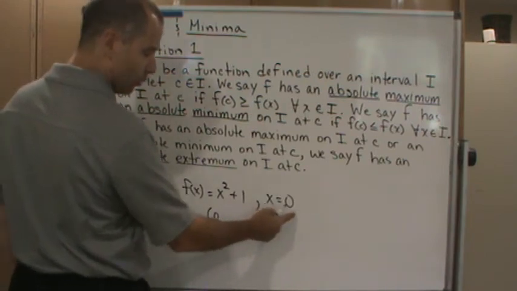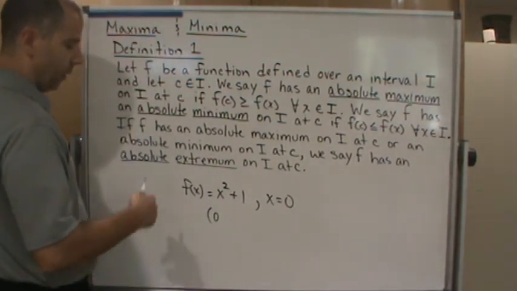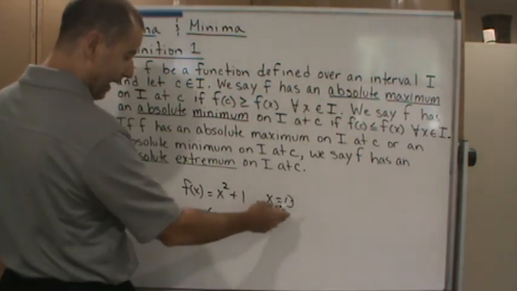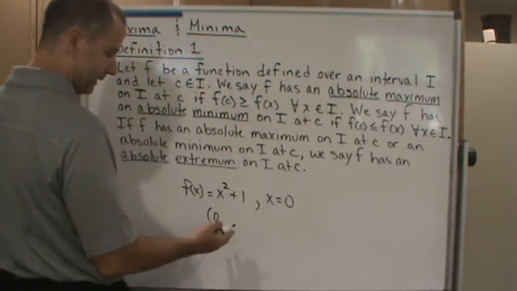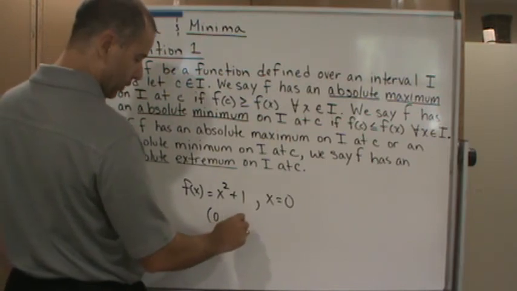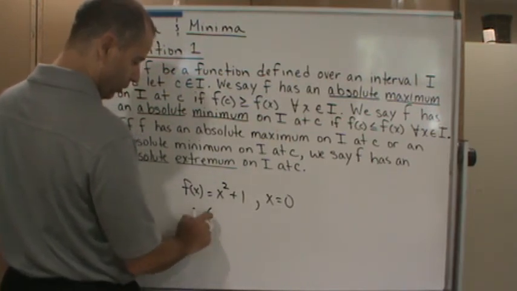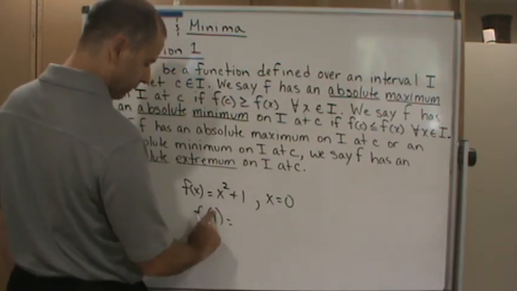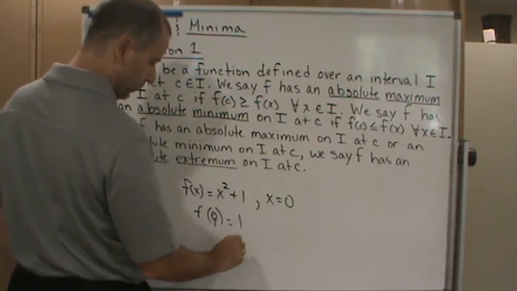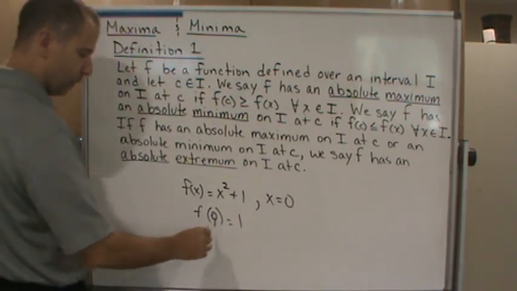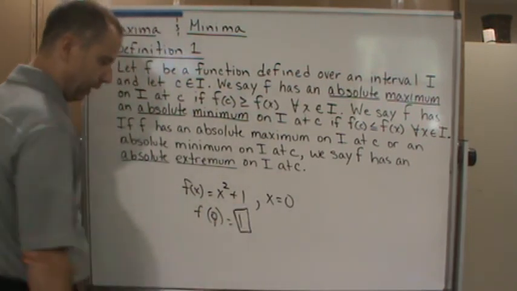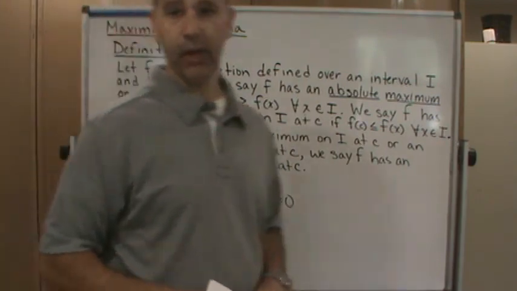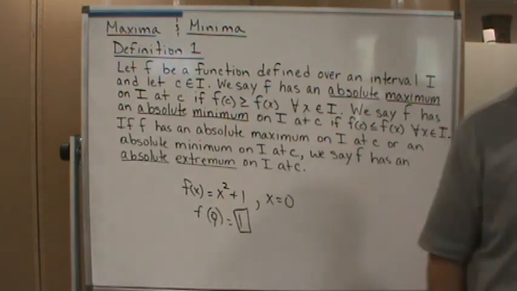So this is where it occurs in the domain. But the absolute minimum in this case would be the value of the function at x equals 0, which is 1. So f of c, or excuse me, f of 0 would be 1. So the absolute minimum in this case is 1, okay, not 0. Just be careful of that. Okay, other than that, see you next time.